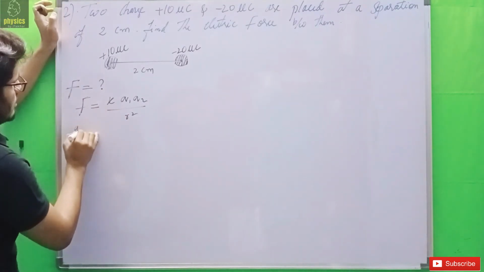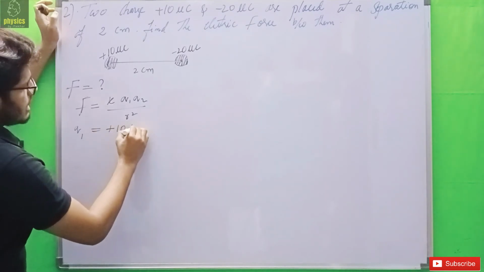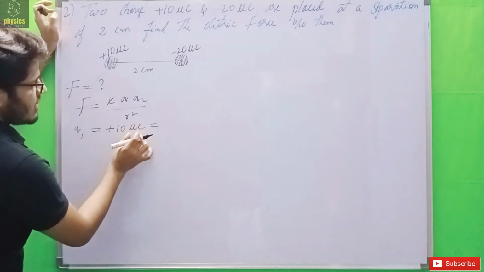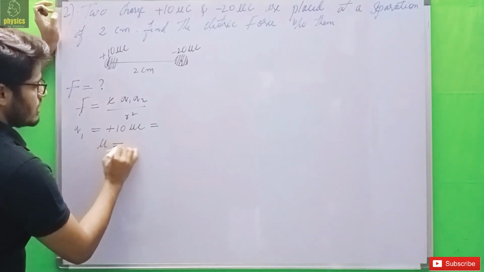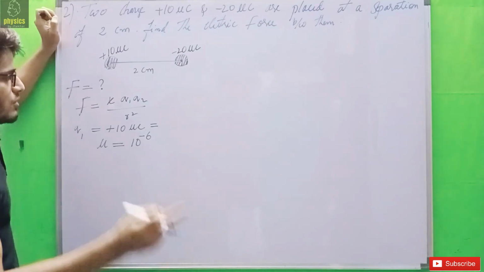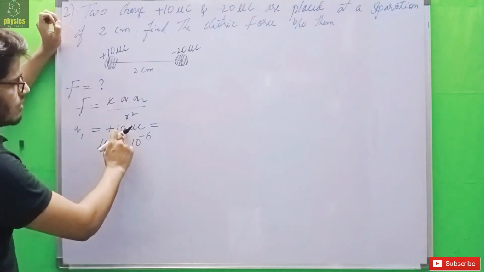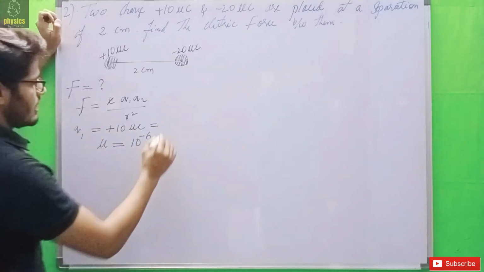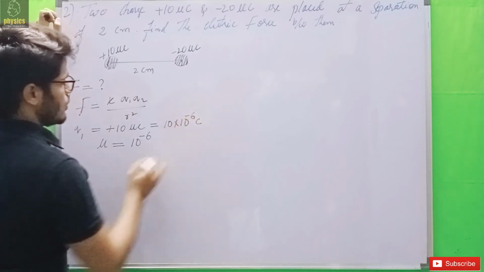So Q1 is here 10 microcoulomb. Microcoulomb means, what is the value of mu? Mu is equal to 10 power minus 6. We have to put everything in SI units. So it will be 10 into 10 power minus 6 coulombs.